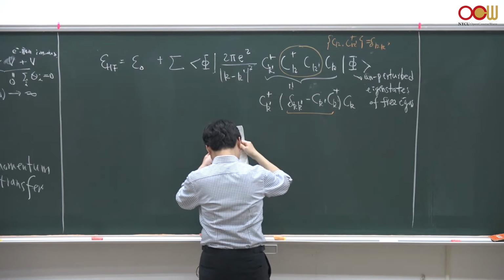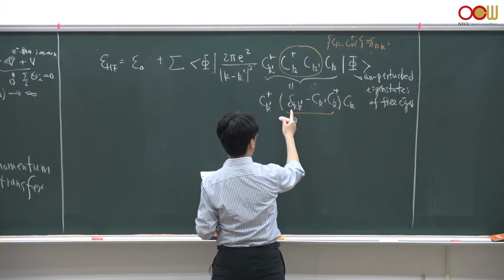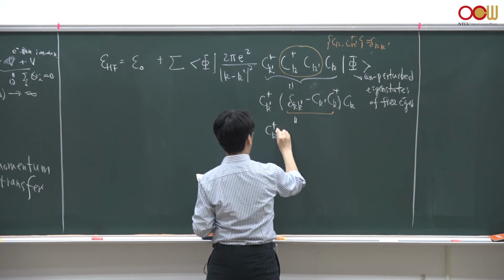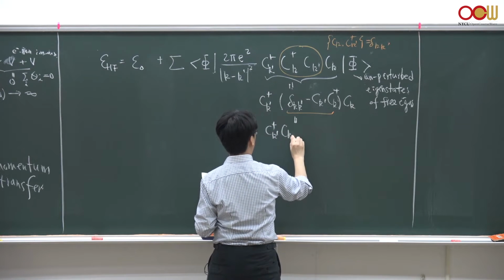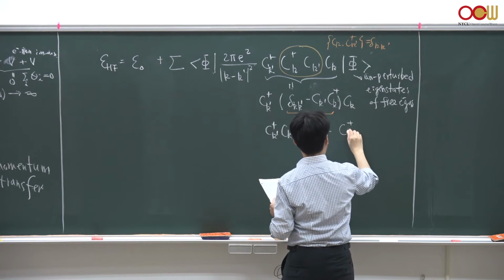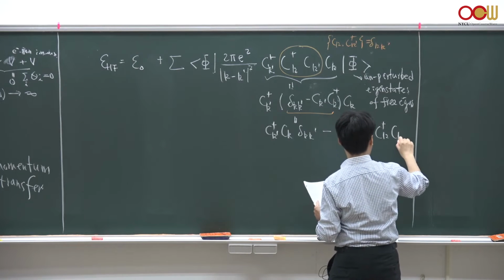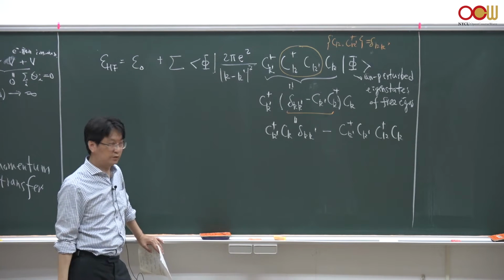Okay, so now what's next? Well, the next is to actually expand these two terms, right? So this is c†_K' c_K δ_KK' minus c†_K' c_K' c†_K c_K. Okay, so what's this?